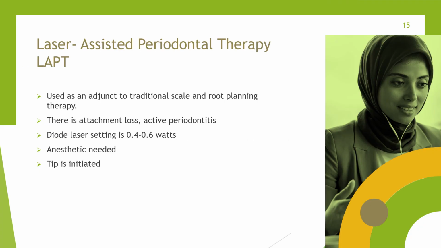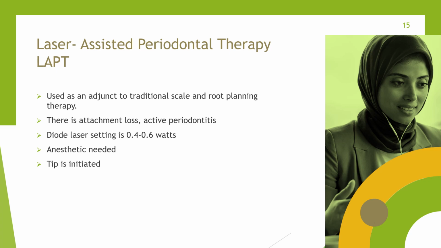Then we have laser-assisted periodontal therapy, known as LAPT. It's used as an adjunct to SRP, so there's already attachment loss. It's for when the patient has active periodontitis. It can also be used later on in periodontal maintenance.